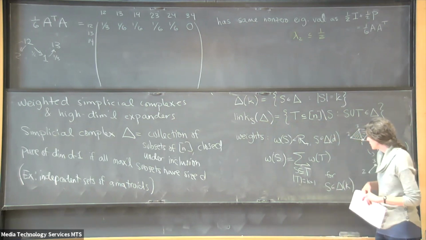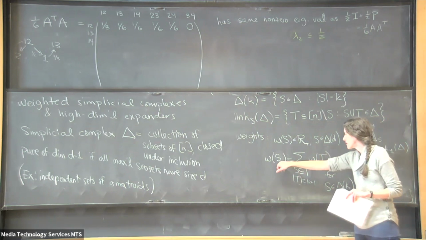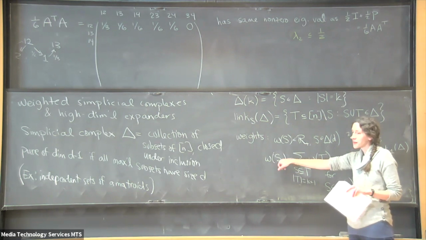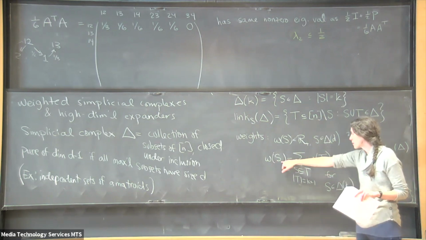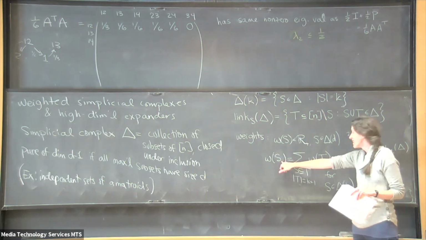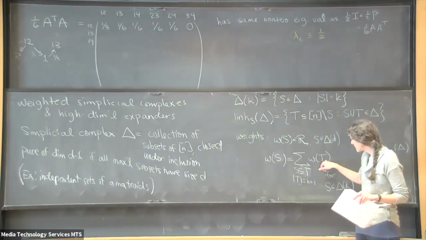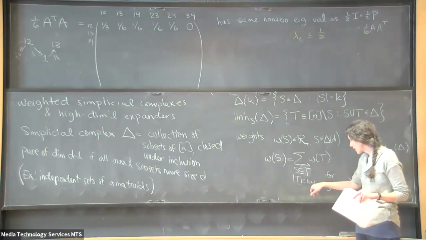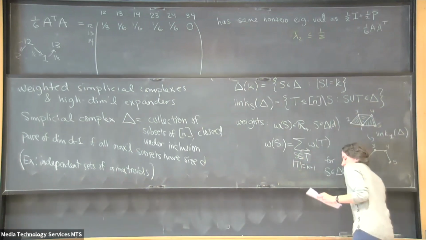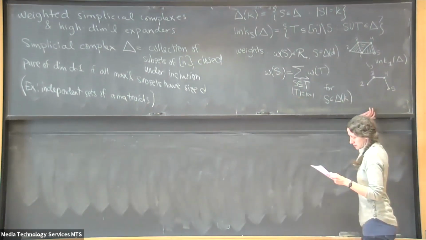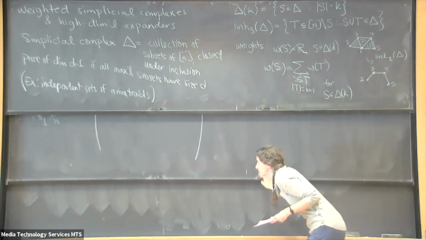So if I've assigned all the top dimensional faces weights, then the way I'm going to get weights for faces of smaller size is I'm going to induct, basically. I'm going to sum up over all of the weights of sets that are one size larger that contain my set. So this is all just notation.